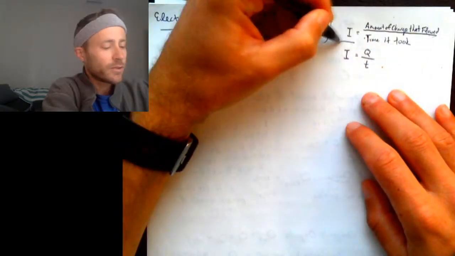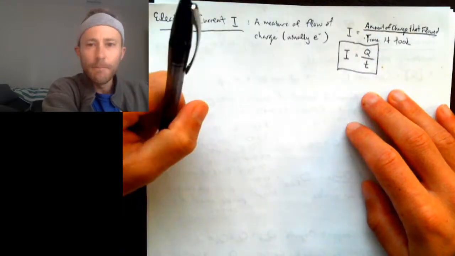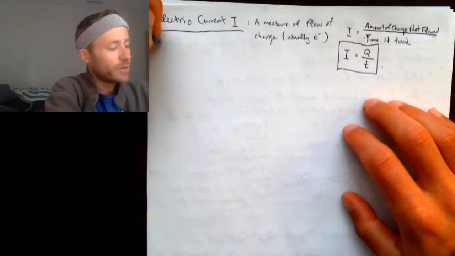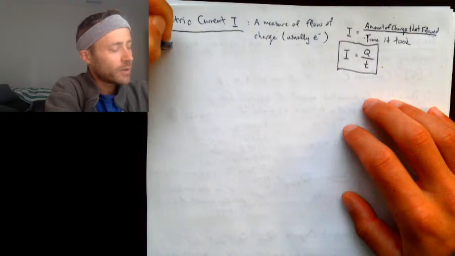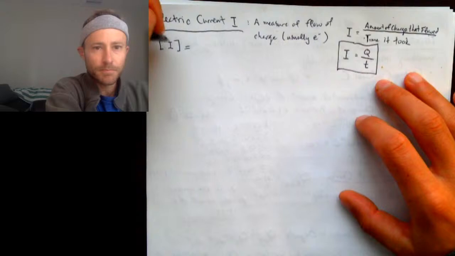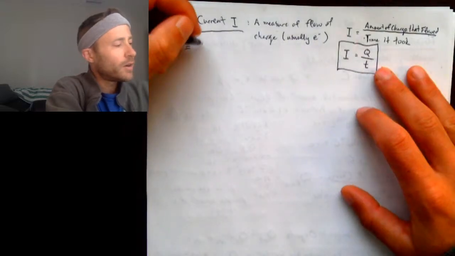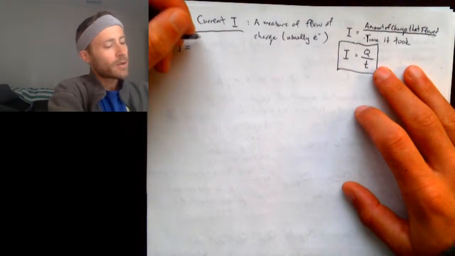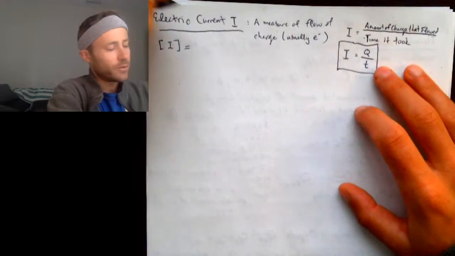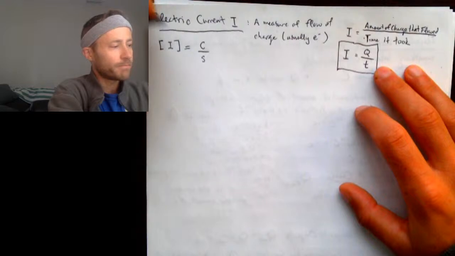So this is kind of the equation definition of electric current. And so from this equation, we can get the units of electric current. Well, current is a charge divided by a time. Okay, and so current is going to be measured in units of charge divided by units of time. So that's going to be coulombs per second.